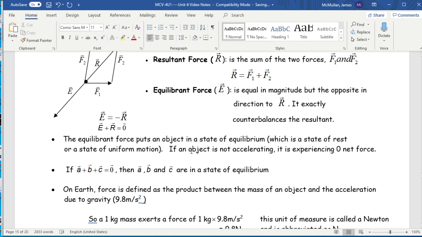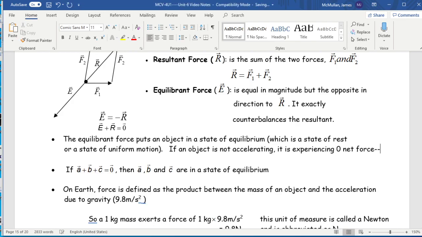For example, you or me sitting in our chair, we're not accelerating. The force that gravity is pulling on us with downward, the chair is pushing up at you with the same amount of force, which is preventing you from accelerating in any direction. So if an object is not accelerating, it is experiencing zero net force.